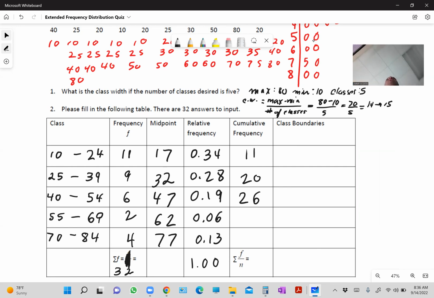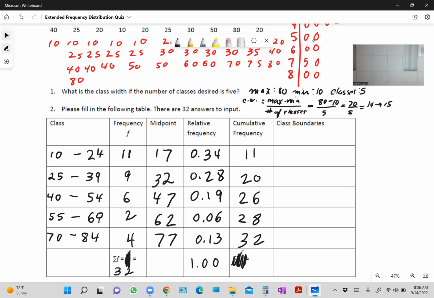Or you could just simply go 20 plus 6 is 26, and then 26 plus 2 is 28, plus 4 is? Okay. Is this hard?